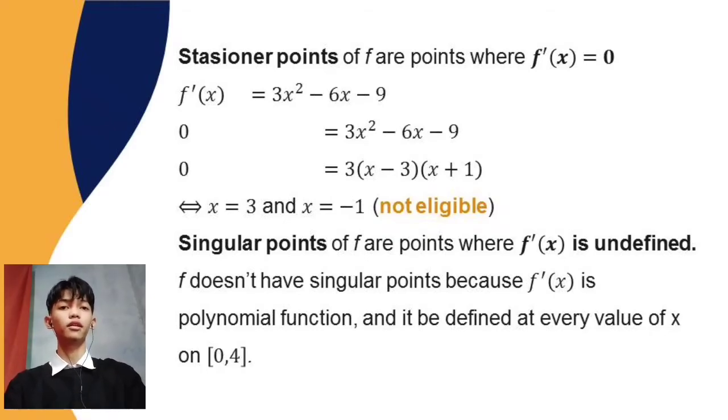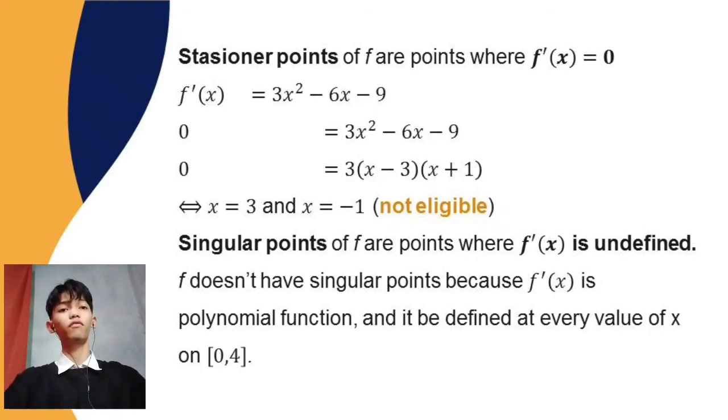So we get x equals 3 and x equals minus 1 as stationary points of f, but x equals minus 1 is not eligible because it is not inside the interval of 0 to 4.